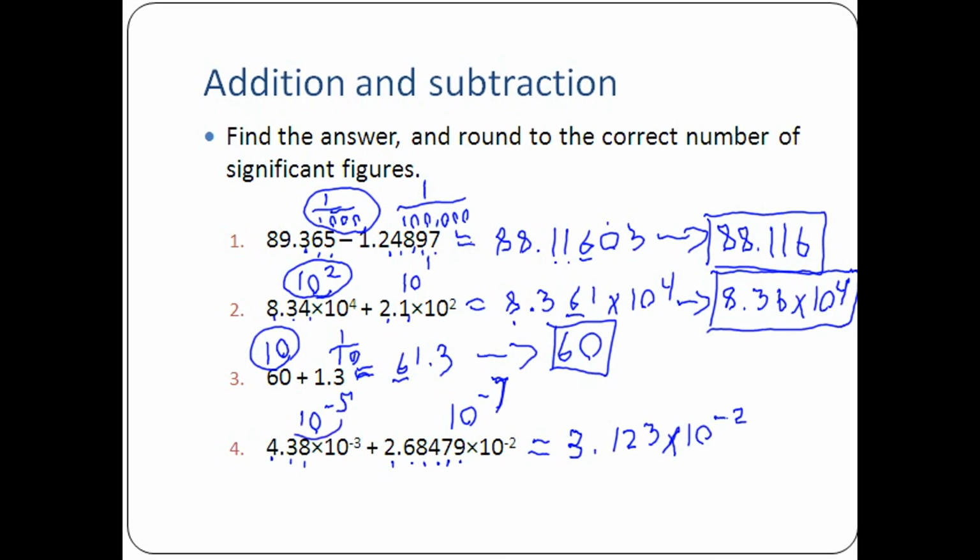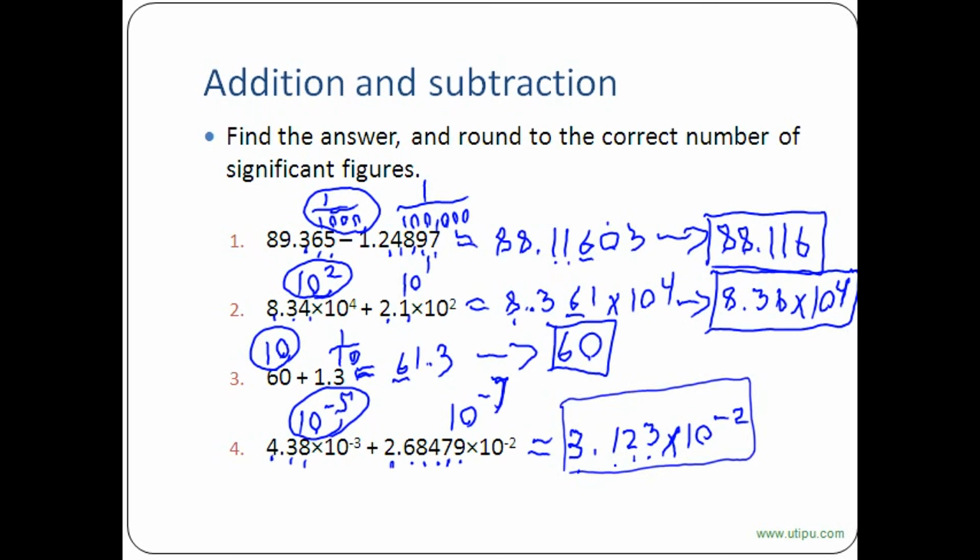The least precise one is going to be 10 to the negative 5th. So we're going to round our answer to the 10 to the negative 5th spot. We have 10 to the negative 2nd, negative 3rd, negative 4th, negative 5th. Well, turns out it's already where we have it. So this one right here is our final answer, and the rounded and the unrounded answers end up being the same.